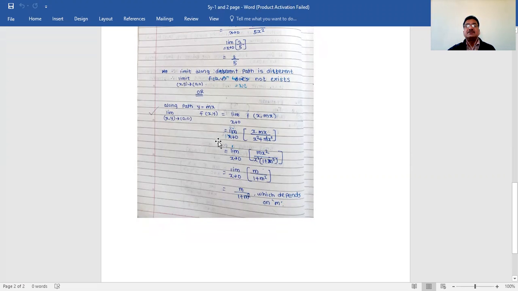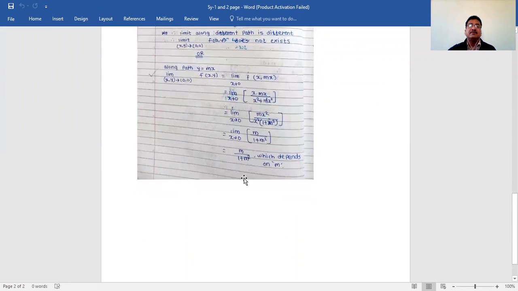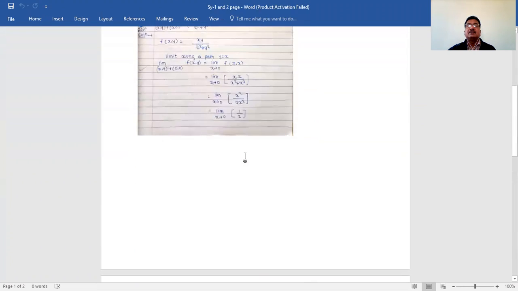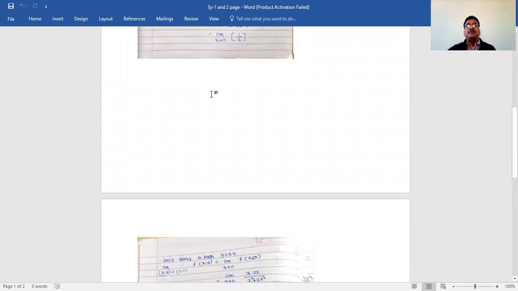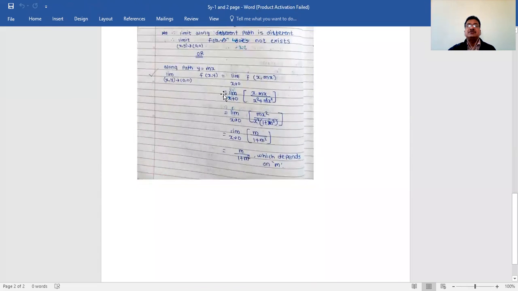There are different paths. We choose the path in such a way that the answer depends on m. The first method is to find two different paths such that the limits along those two paths are different. So we can use the first method or the second method.